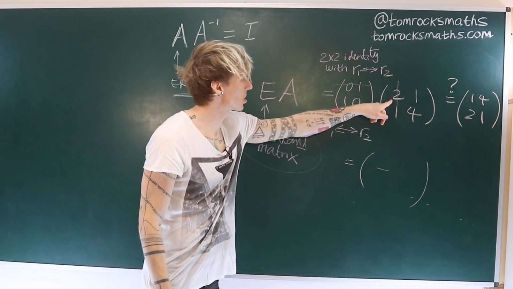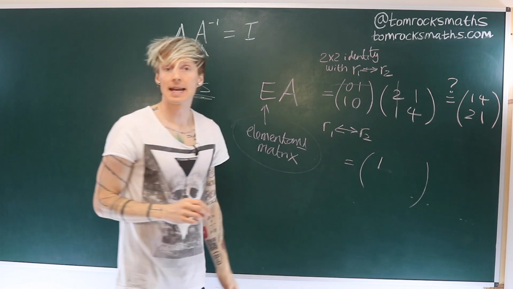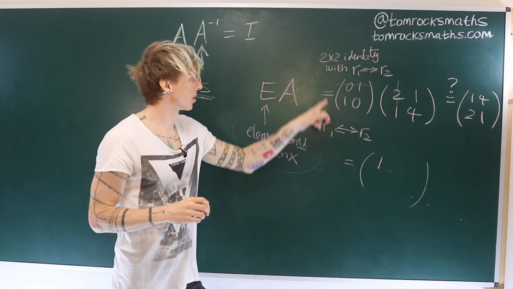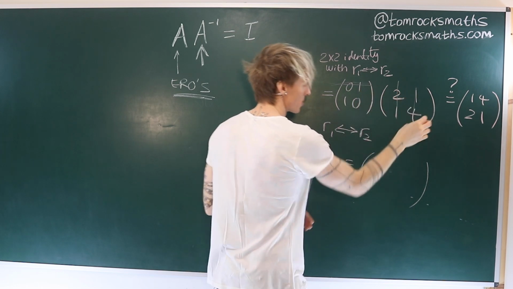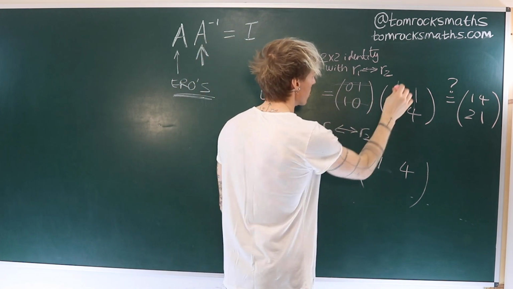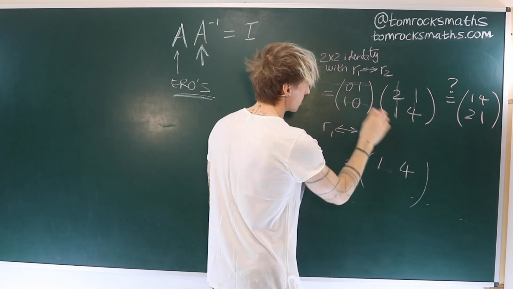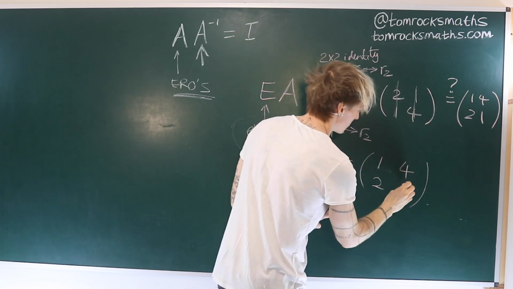So it's 0 times 2 plus 1 times 1, so that's 1 when I add them together. Now the first row, second column, 0 times 1 is 0, plus 1 times 4. Then we do second row, first column, 1 times 2 plus 0. And then second row, second column, 1 times 1 plus 4.